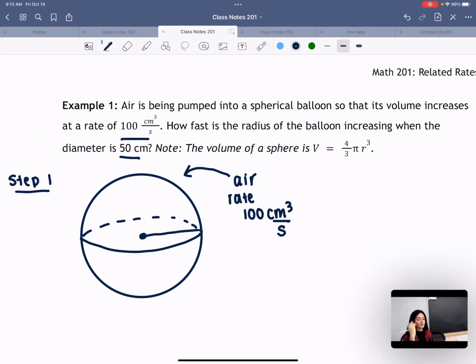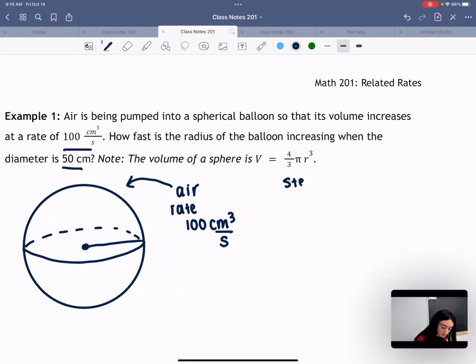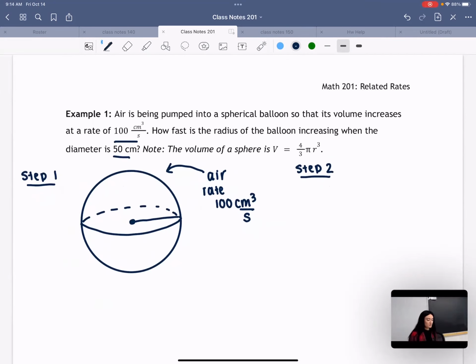Now, I want to know how fast the radius of the balloon is increasing when the diameter is 50 centimeters. Since this is a general diagram, I'm not going to label the radius as 50 centimeters yet, okay? Because that's what I'm interested in at a very specific slice of time. Okay, so this is my diagram. Pretty good. Step number 2 is to introduce some notation, okay?